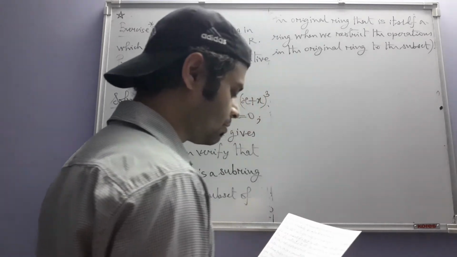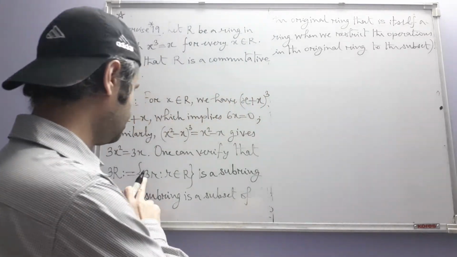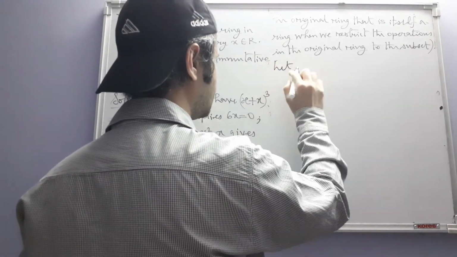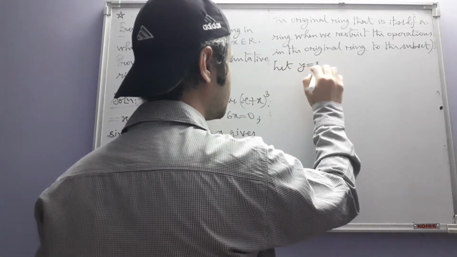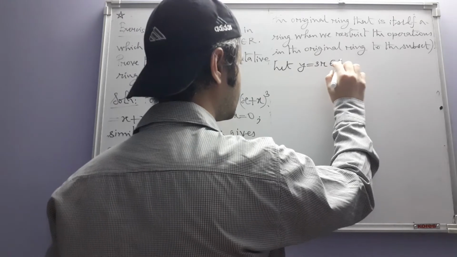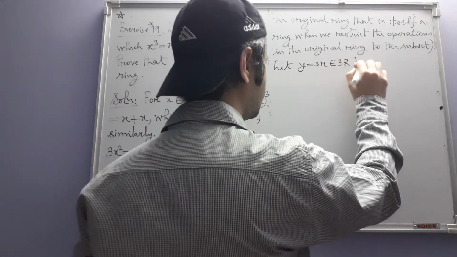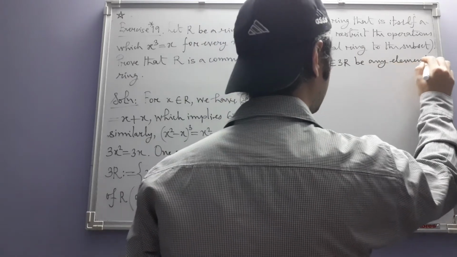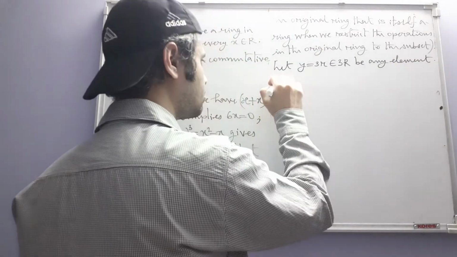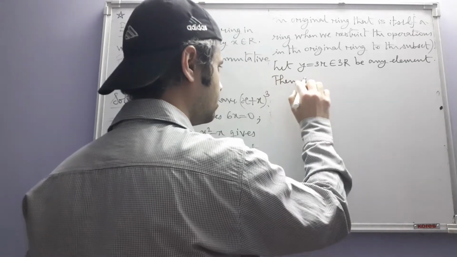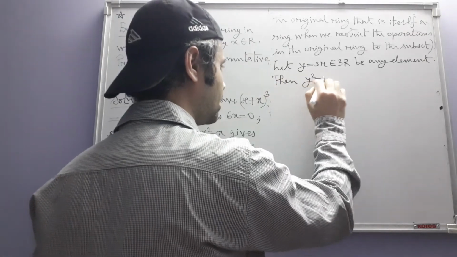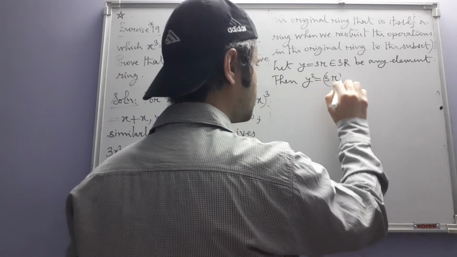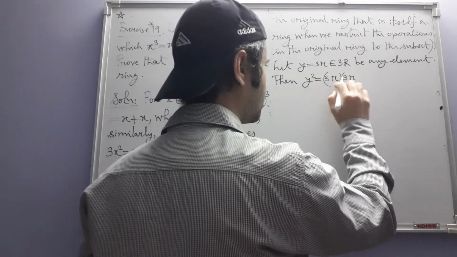Okay, now we are going to take any arbitrary element in this ring 3R. Let y equal to 3r belonging to 3R be any element. Then what is y square? y square is 3r times 3r.